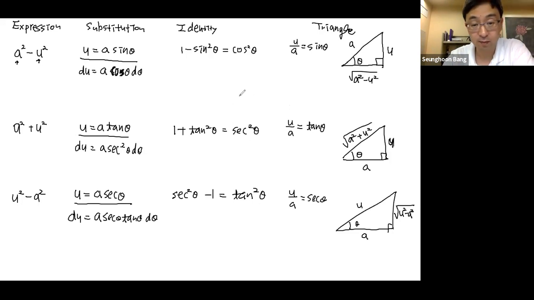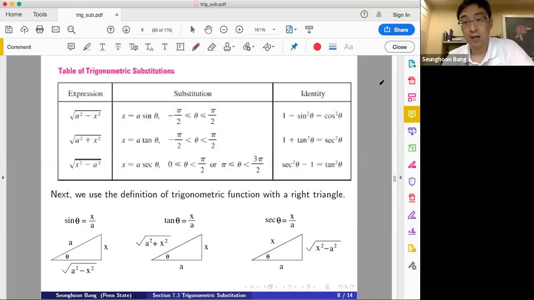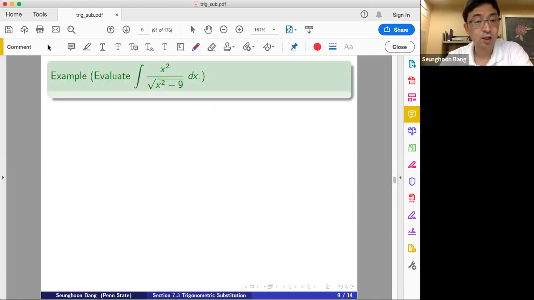We think about it. So next, we are going back to the slides again. Here, this is an example. So what is x?